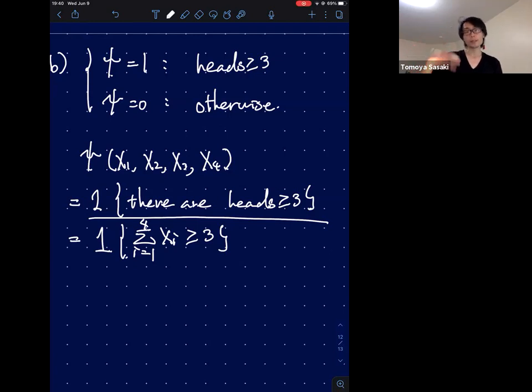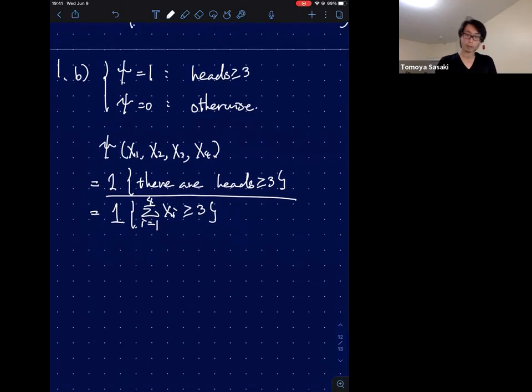So if we add up x1 to x4, we should have the sum greater than or equal to 3 if we observe heads greater than or equal to 3. So this is what we're asking, and how we define this quantity.